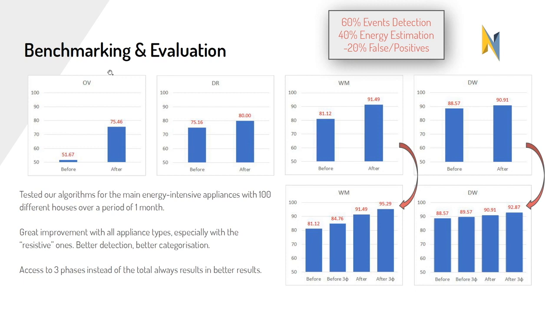As Bert mentioned yesterday, together with Peter, for our project in Germany, the Iona project, we have access to 1-second resolution data coming from all 3 phases. That gives us the opportunity to work, instead of with the total, with the 3 phases individually.